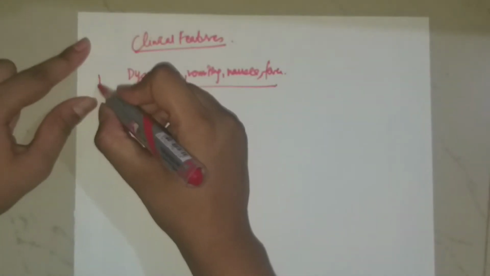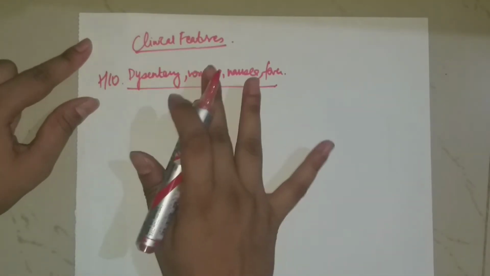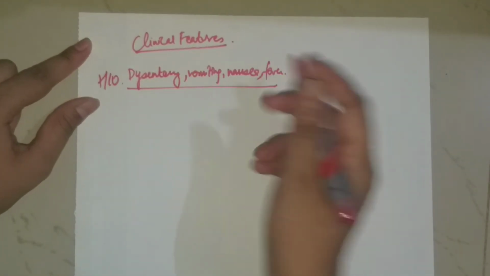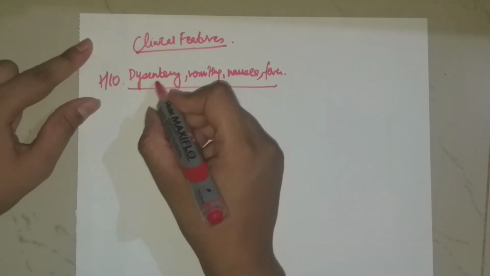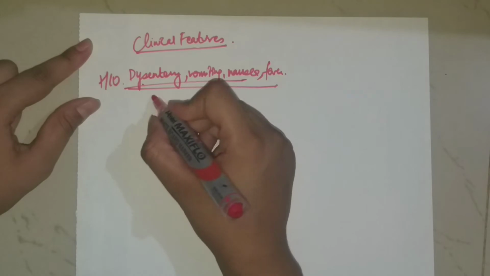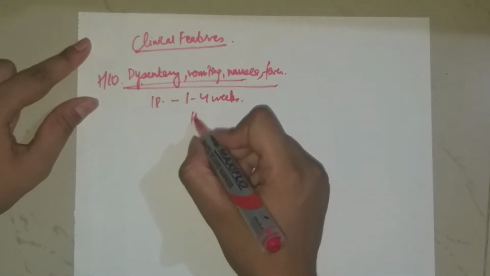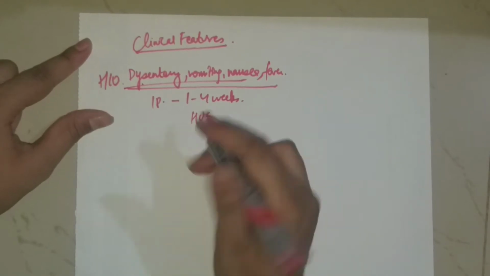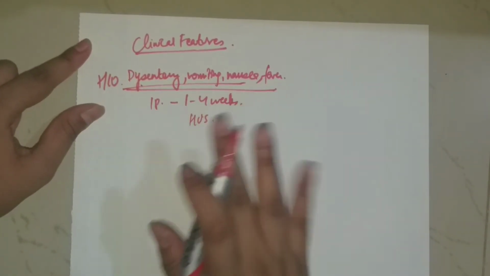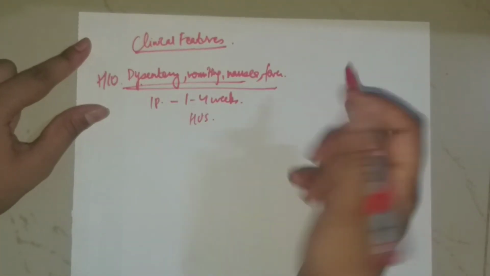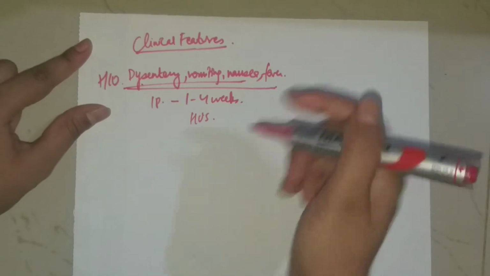A patient presenting with HUS will give a history of such symptoms. After this disease occurs, there's an incubation period of 1 to 4 weeks, after which HUS manifests. So they will give around 1 to 4 weeks back a history of dysentery, vomiting, or possibly some pneumonia. So you can suspect that that has been a trigger for HUS.